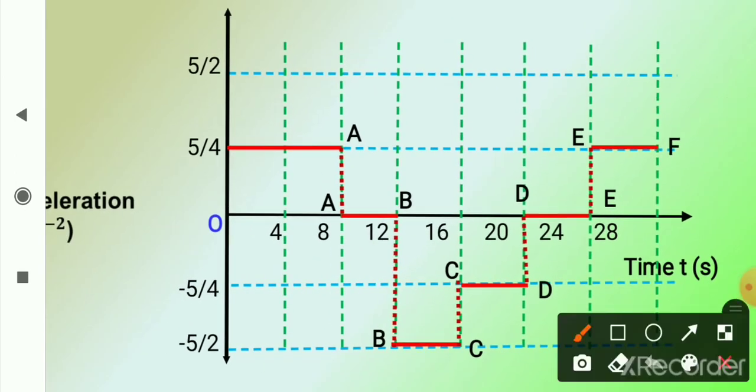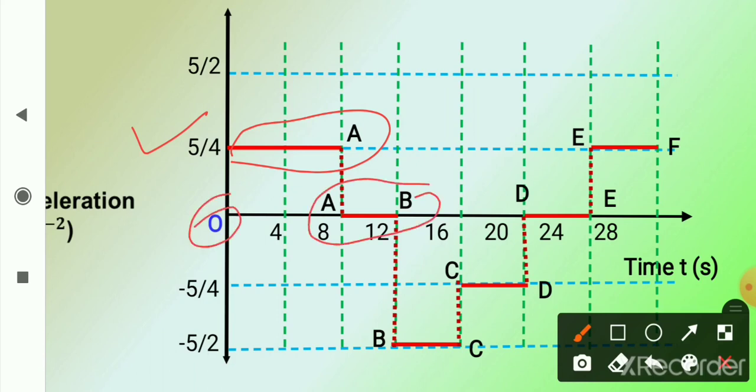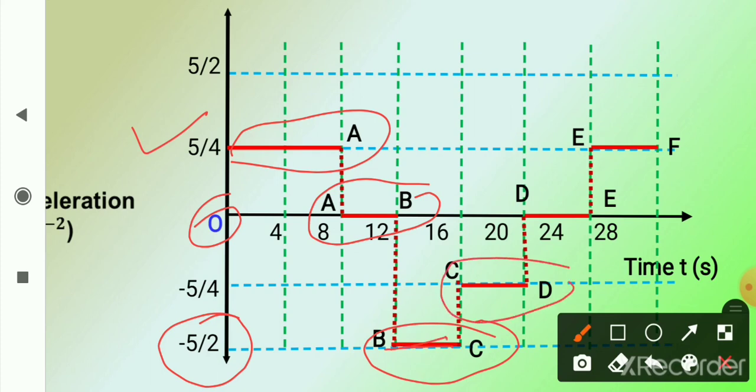For the first part, the acceleration was constant and plus 5/4 meter per second square. For part AB, acceleration was 0, as you can see. For part BC, acceleration was minus 5/2 meter per second square and constant. For part CD, acceleration was minus 5/4 meter per second square and constant.